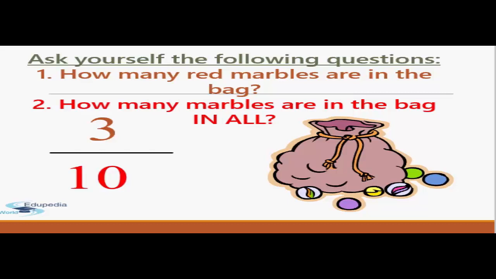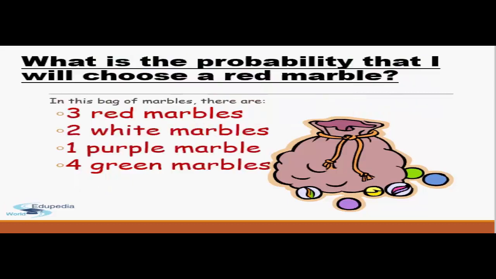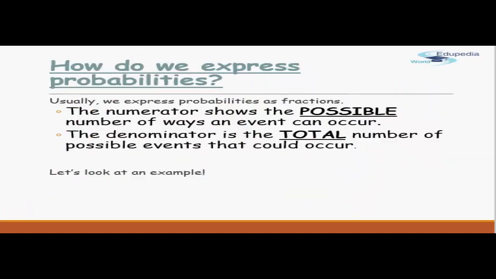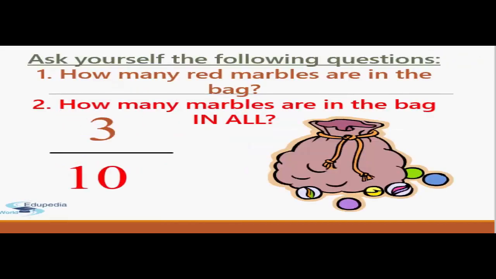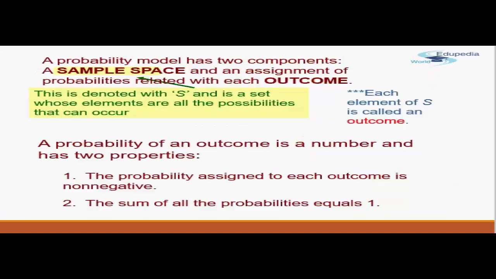So the denominator represents the total amount, that is, like we talked about, the total number of possible events that could occur. So the total number of possible events in this case is going to be 10 marbles, of course, because there are 10 marbles, and the number of ways that a red marble could be chosen is going to be 3. So that is how we explain probability.